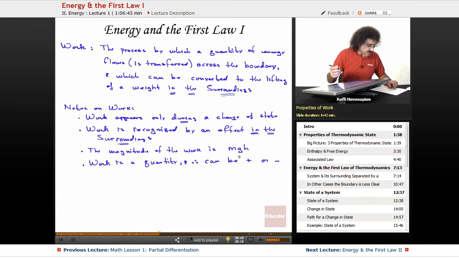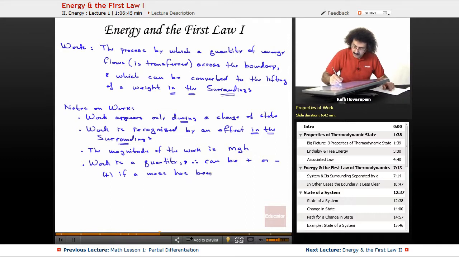Okay, so let me see. So work is a quantity and therefore can be positive or negative. Okay, it is positive if a mass has been lifted in the surroundings. In other words, if h is positive, if the height through which the mass moves, if h is positive.